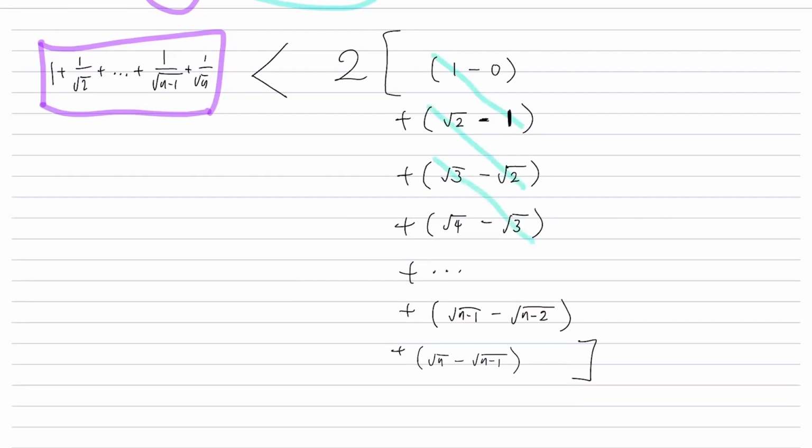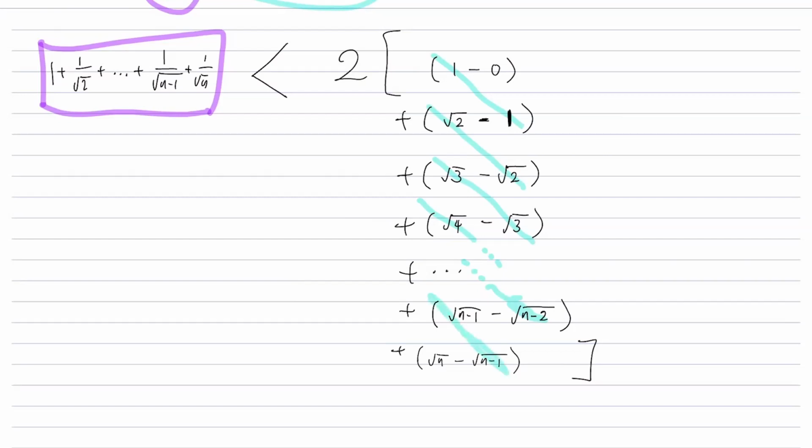Then root 3 minus root 3 also cancel off. Root 4 and minus root 4 is missing, but it's there, just underneath the dot dot dot. It will cancel off. Same thing with negative root n minus 2. This also cancels off. Then positive root n minus 1 and negative root n minus 1 will also cancel off.